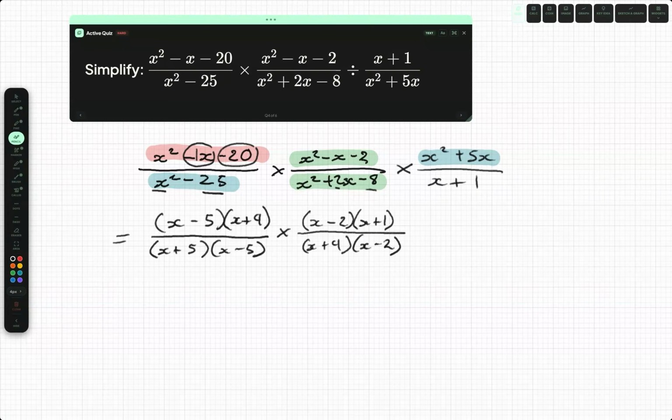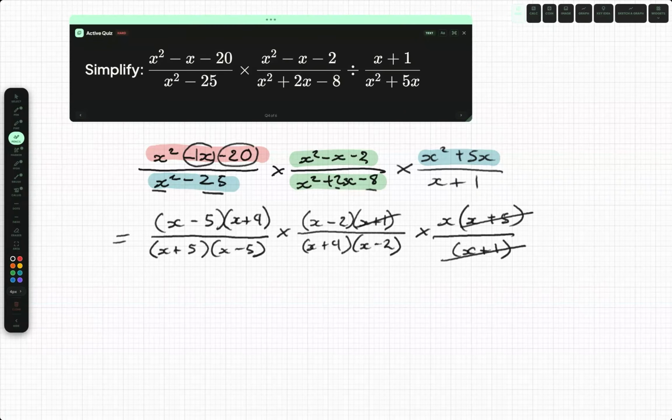All right, last one. x and 5x, just factor out the common factor, and we get x times x plus 5, and then it's all over x plus 1. Now, let's start cancelling as many things as we've got. So, we've got our x plus 1. Let's get rid of that with this. x plus 5.